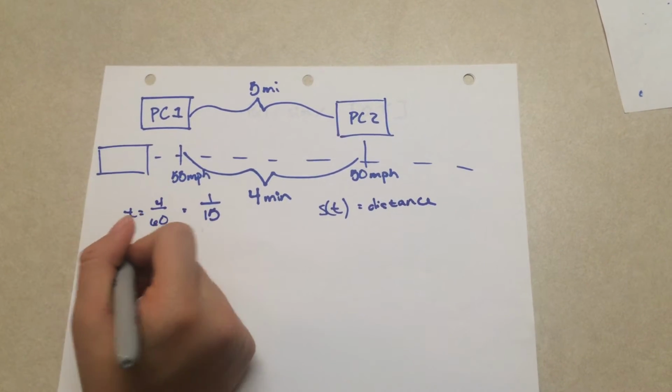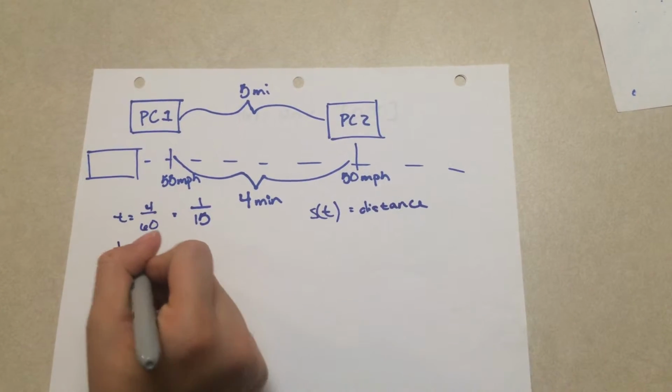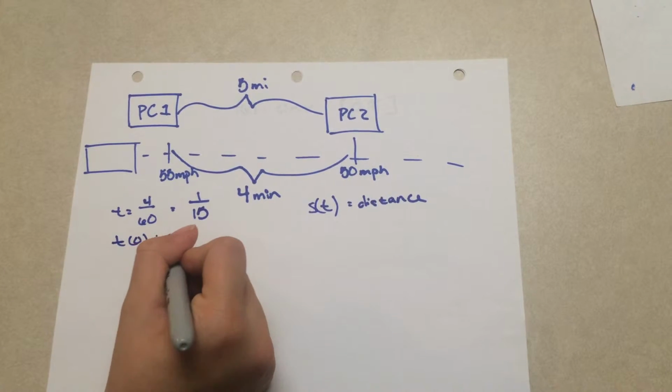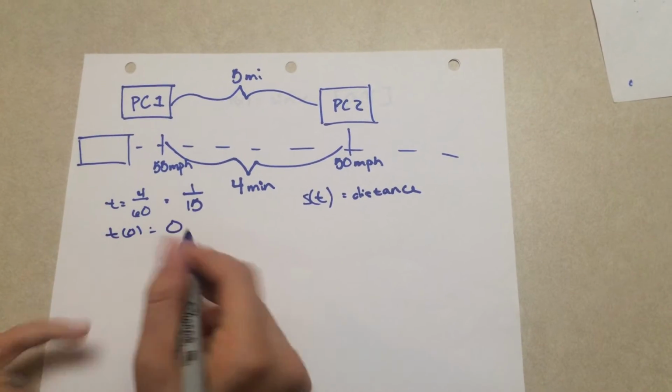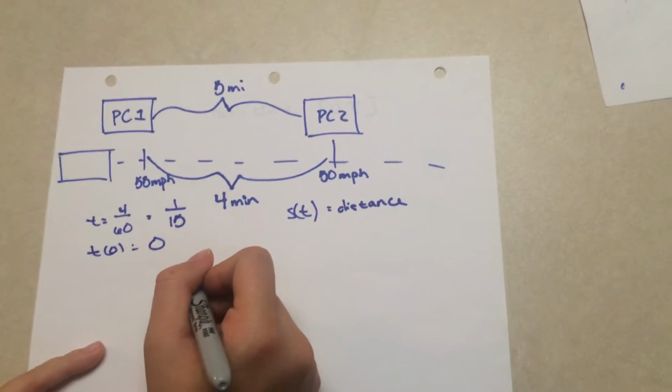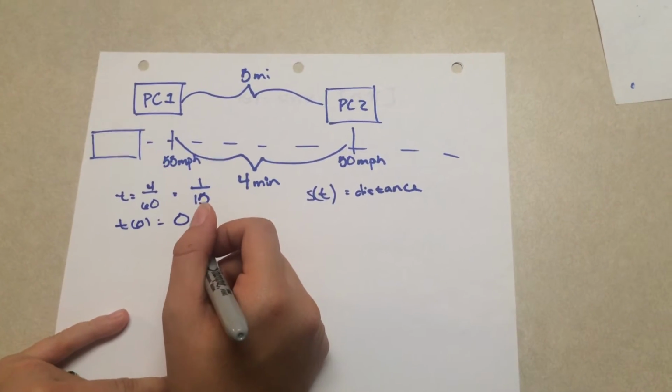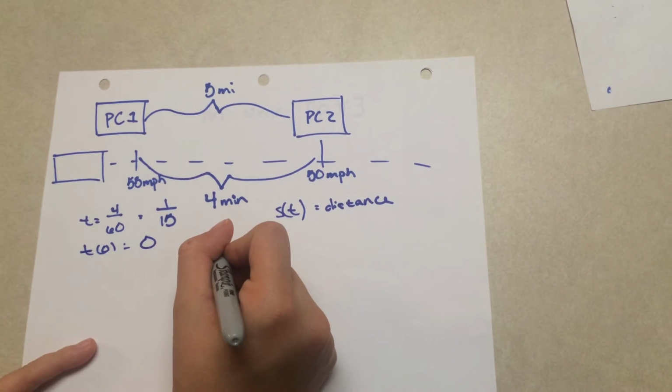And we know that at t equals 0, s of 0 is 0.